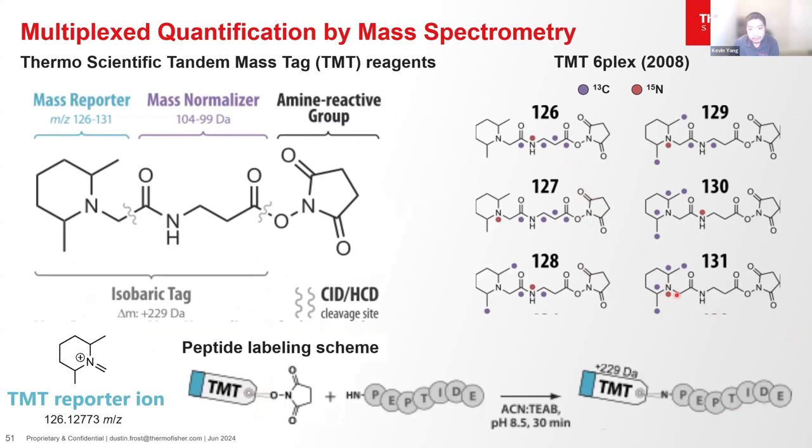The magic of this isobaric tag is that it has the mass reporter ions that incorporate an increasing number of heavy isotopes, which is offset by a decreasing number of heavy isotopes. And you have the amine-reactive group to react with the amine on the N-termini and the lysine. So you can tag your peptides after trypsin digestion.